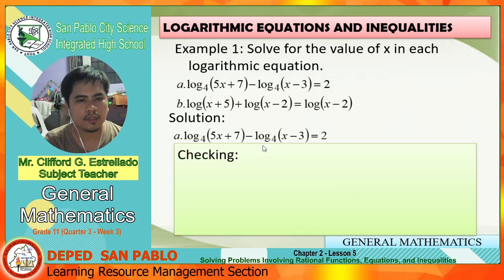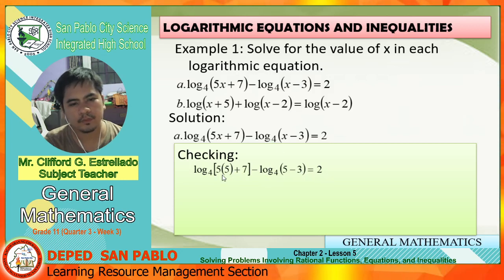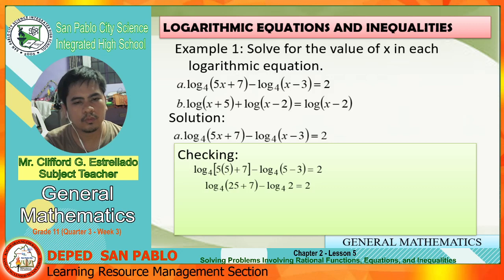Now, in checking, if x is equal to 5, we have logarithm of 4, so we have 5 times 5 plus 7, minus logarithm of 5 minus 3 with the base of 4 is equal to 2. So, we have here 25 plus 7, so 32. Okay, dito 5 minus 3 is 2.